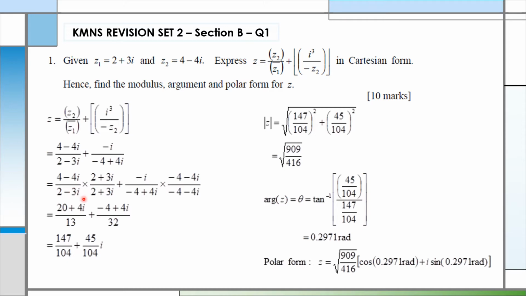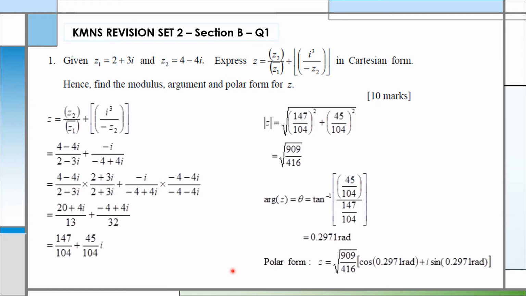We can equate the denominator first, or like in this working, I multiply with its conjugate. What happened here is I just separate the real with real and imaginary with imaginary. Once you have your Z in the form of a plus bi, you can definitely find its modulus, argument, and write it back in polar form.